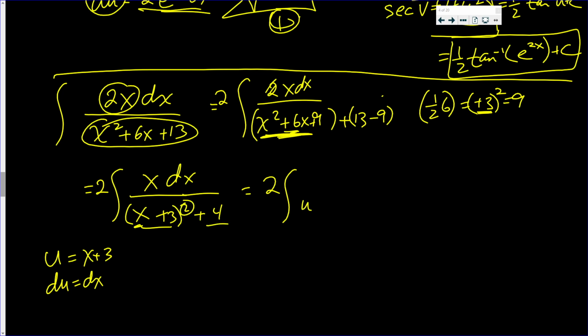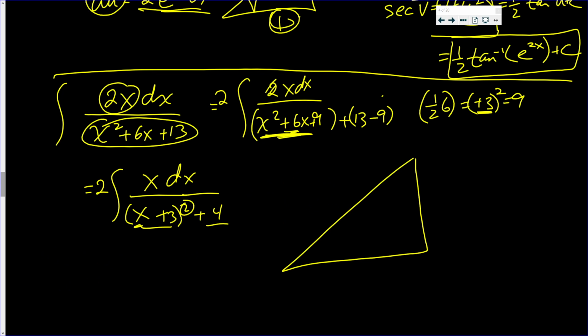That's the bottom. U squared plus 4. But then the top is, if I take away 3 from both sides, I get u. I get x is u minus 3. Well, this is no bargain. This is no bargain. Okay, so we'll live with the x plus 3.